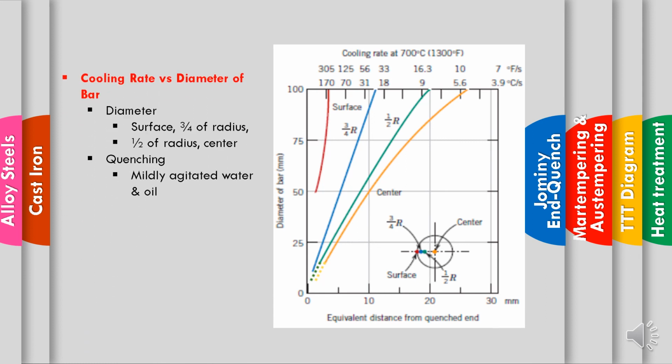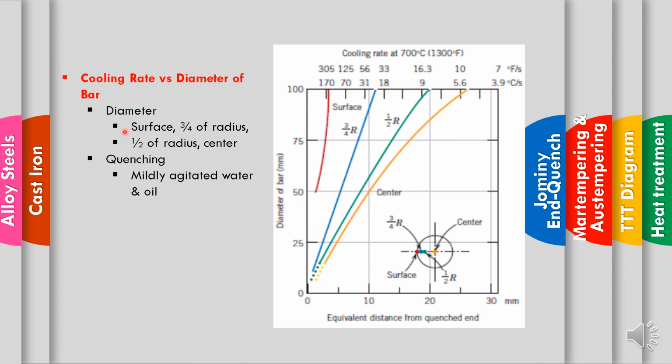And for the cooling rate versus the diameter of the bar, basically we can see the diameter of the bar versus the equivalent distance from the quenched end. This is the diameter of the bar. As we can see, dots of red, blue, green, and yellow color are indicated along this line.